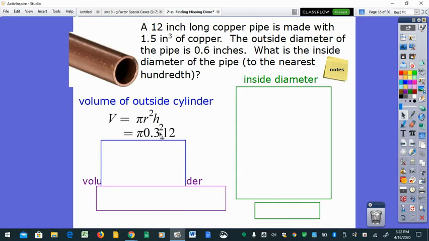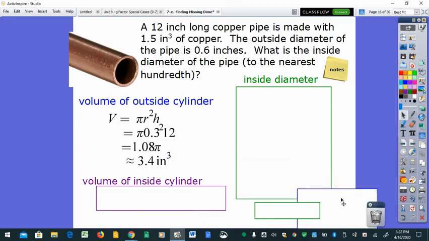I'm going to take 0.3 and square it in the calculator, multiply it by 12, and multiply by pi. And the volume, if it did not have a hole, if it was solid, in other words, would be 3.4 cubic inches. Now that would be if it didn't have a hole.